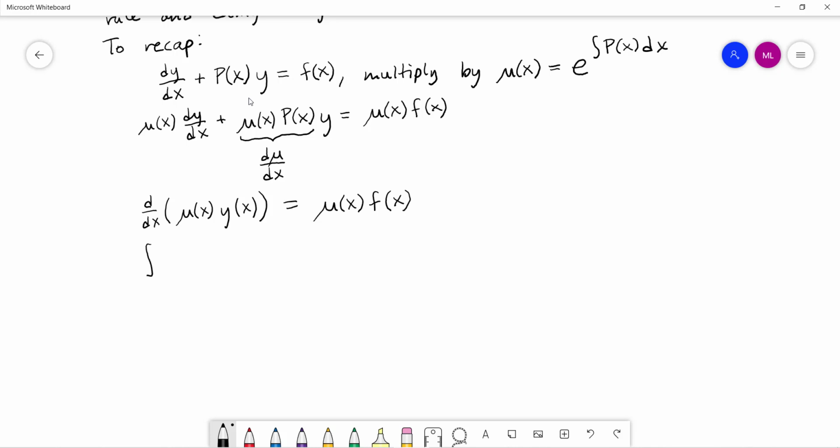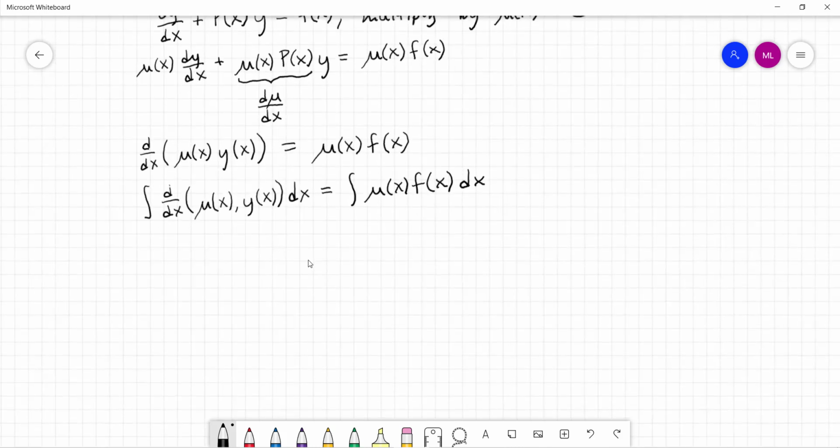I'm going to kind of cheat on notation here a little bit. I'm not going to use a dummy variable, so this is technically incorrect. I should use a dummy variable in here when I'm integrating, but don't worry about it as long as the big ideas make some sense. And on this side, we'll integrate mu of x times f of x.